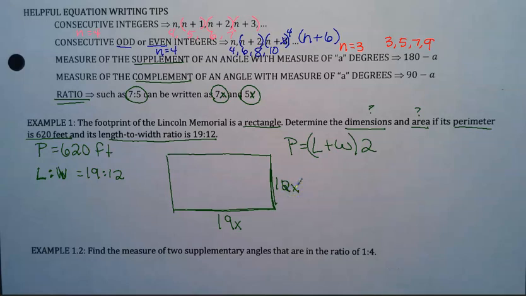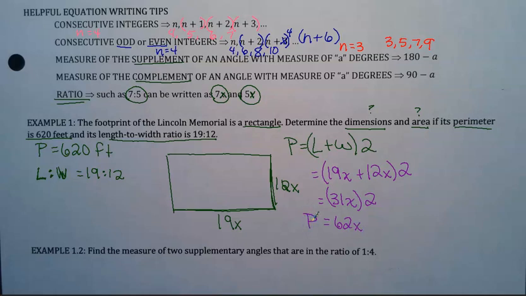Now I actually have a length and a width, so I can put those into my formula. My perimeter is going to equal the quantity of 19x plus 12x, times 2. So 19 plus 12 is 31x, times 2 is 62x.